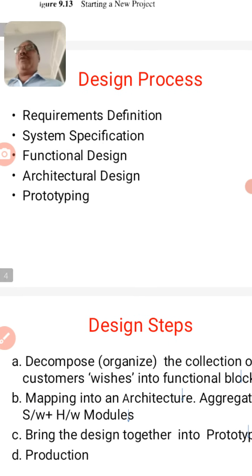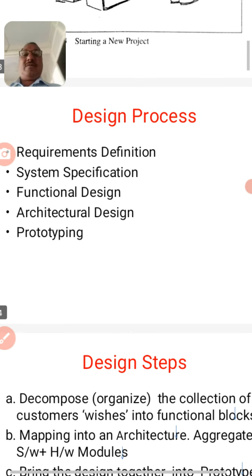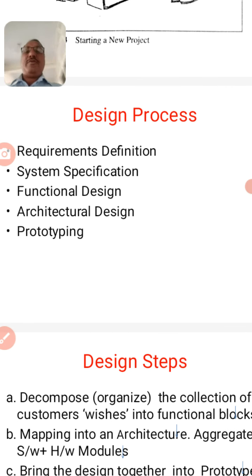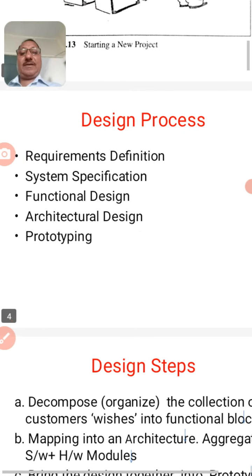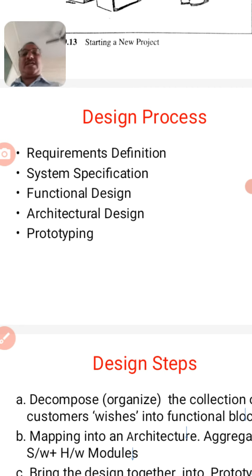Before going for actual production, suppose we want to build hundreds of such products, we will first make one complete product. We will see its durability and characteristics, and then we will manufacture hundreds of pieces. This is what the design process is.